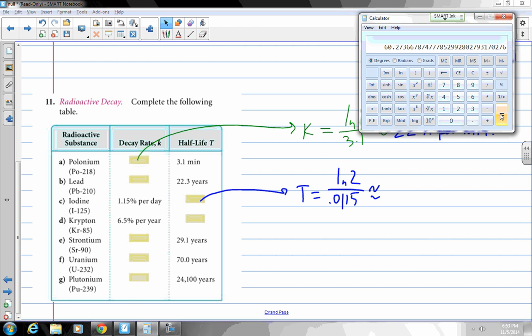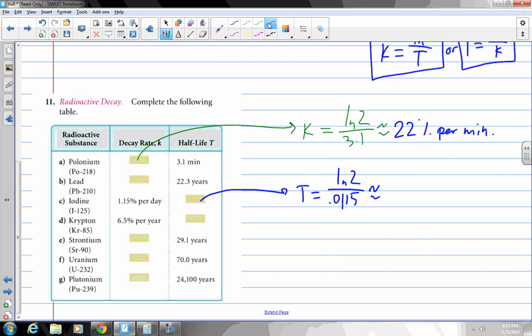Now 60 what? What is the unit of measure for the half-life of iodine? Days. Right? And so forth. Okay, nice and fun.